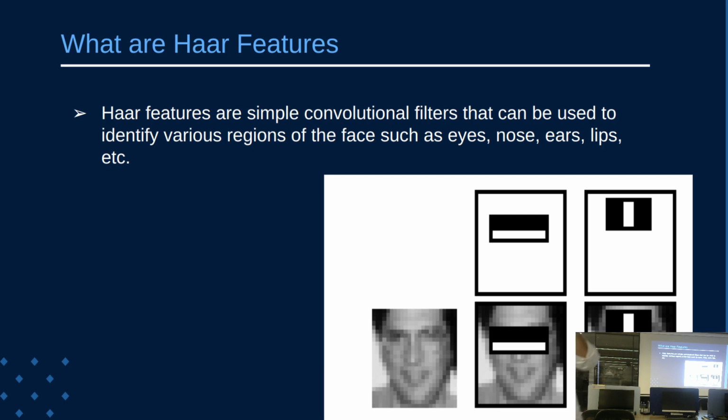Because if you look at me, my eyes would seem darker than my nose, right? Because of course there's a curvature here, so my face is not flat, right? So light does not fall equivalently on all the places on my face. So if I extract a feature like this, that means this part of the image probably contains eyes, right?